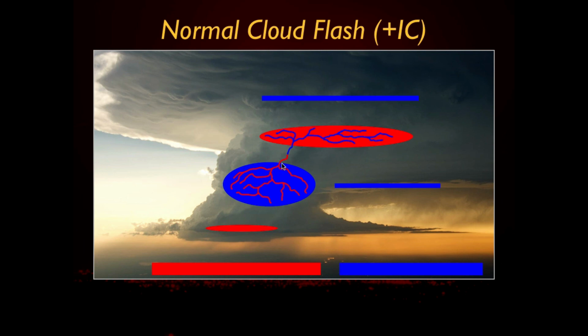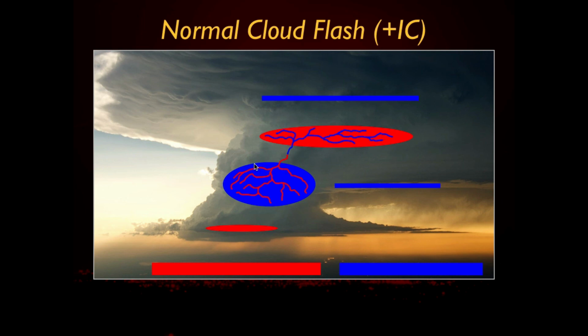And the negative charge region acts as a negative potential well, favorable for positive leader development to propagate in and through it. And as long as there's a potential difference between the leader tips and the surrounding ambient electric field, the leaders will continue to propagate. When that potential difference stops or decreases to a certain value, then the leader actually stops propagating and decays.